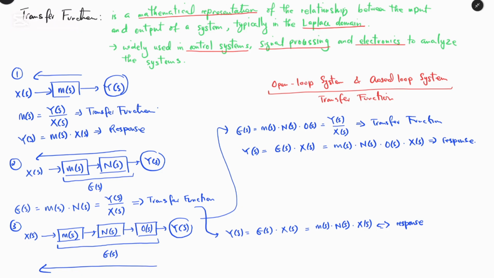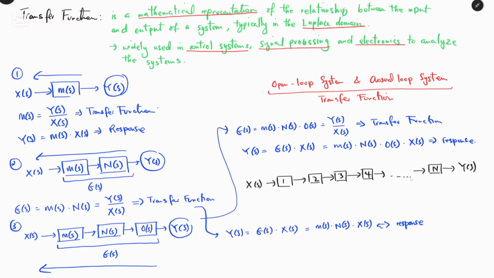Since the open loop is a series of components arranged in a sequential manner, that means there are smaller devices or systems that make up the overall system. We can say X(s) goes to 1, to 2, to 3, to 4, and all the way to the nth system, and we have Y(s).